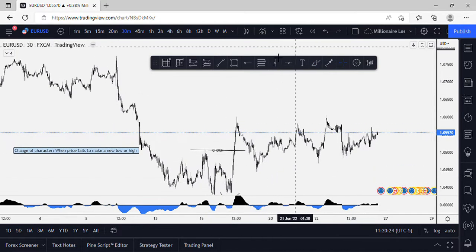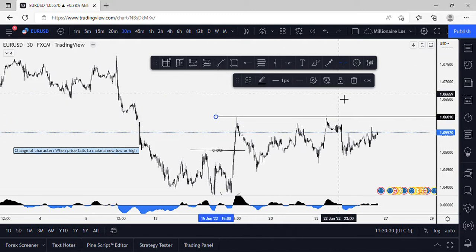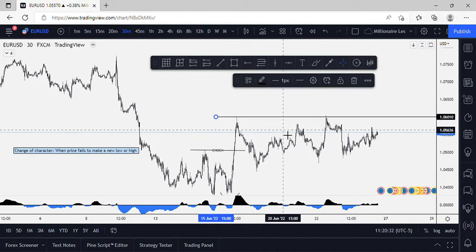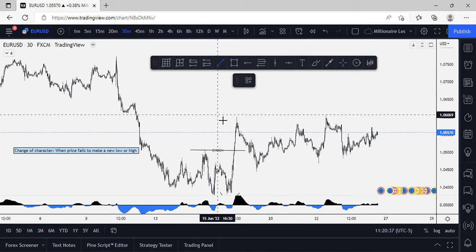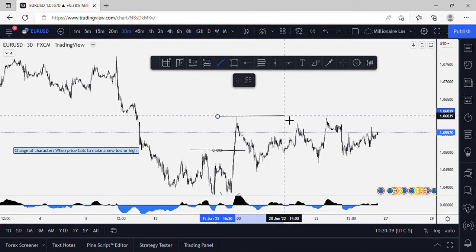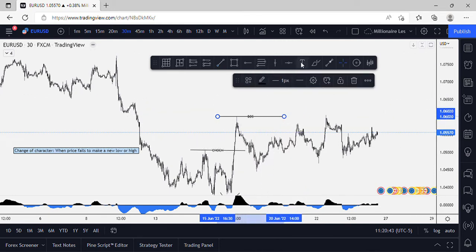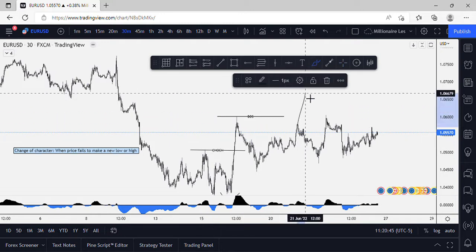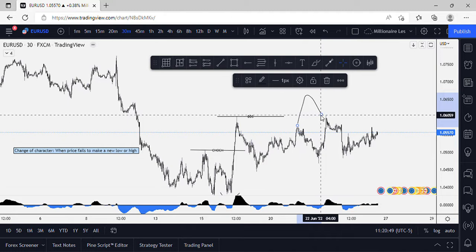Now, once price fully clears this area up here, pushes past through it, this area of resistance, that will be a break of structure. But I need to wait for price to push past that area.